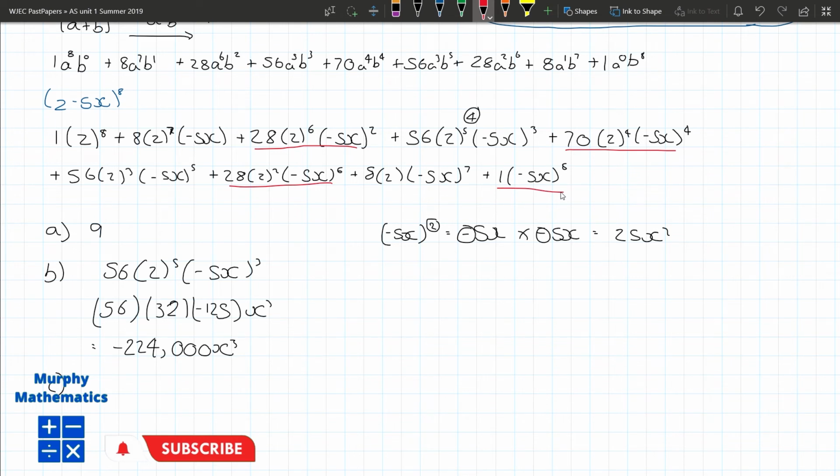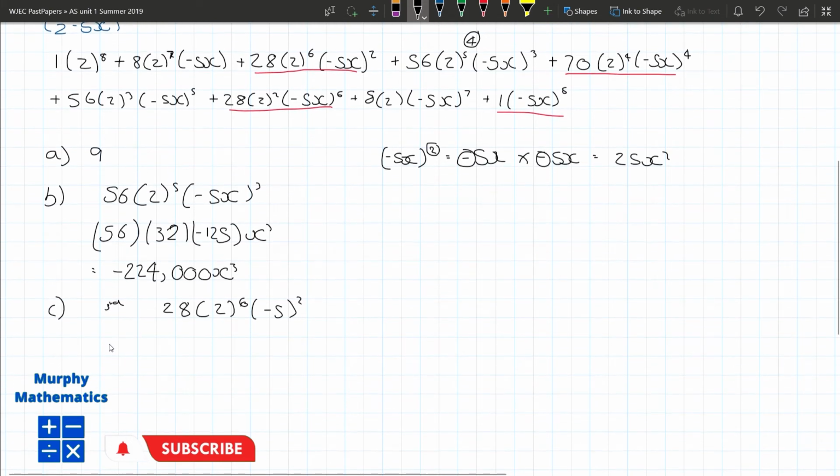There's a couple of ways we can do this. The first way could be just to check them all, which might be a bit long, but we'll do that just to be sure, if we have time. So 28 times 2 to the power 6 times minus 5 squared. So this is the third term. Let's do the fifth term, which is 70, lots of 2 to the power 4, minus 5 to the power 4.